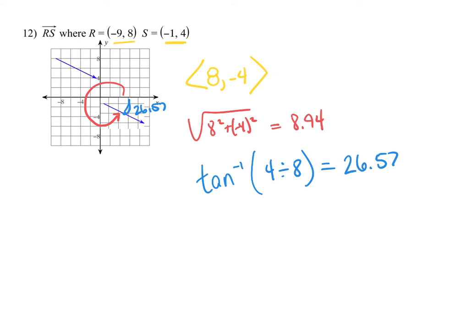There's a lot of confusion if you use your 270. The easiest thing is when it's in the fourth quadrant, subtract from 360. So I'm going to take 360 minus 26.57, and you're going to get 333.43. And that is your answer here.